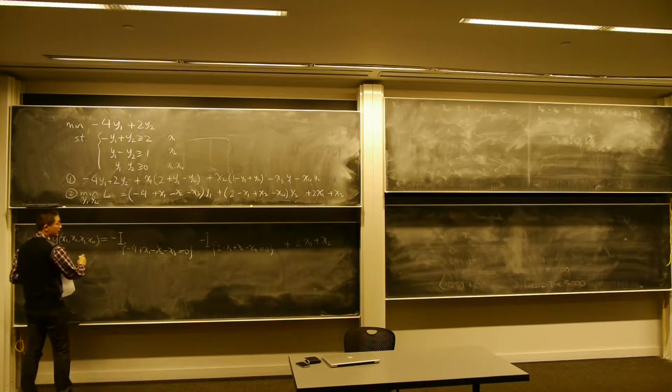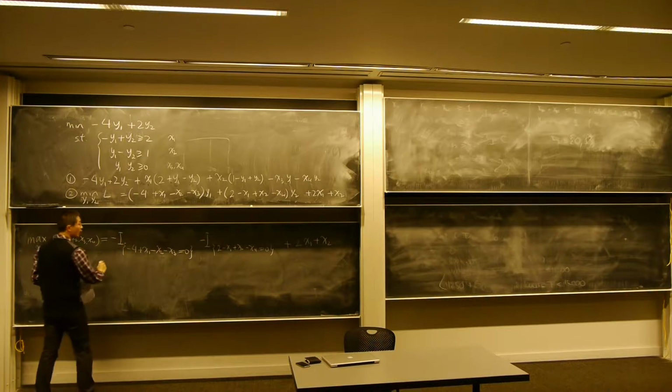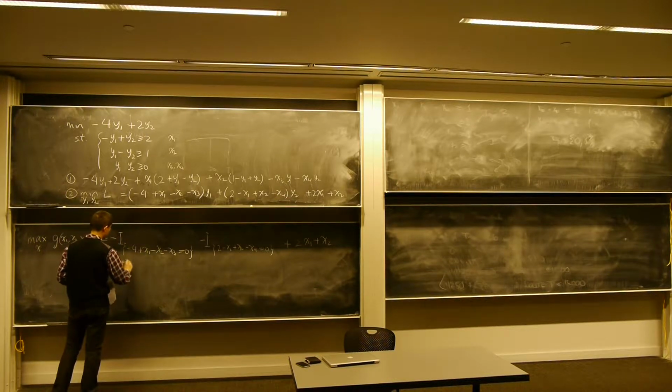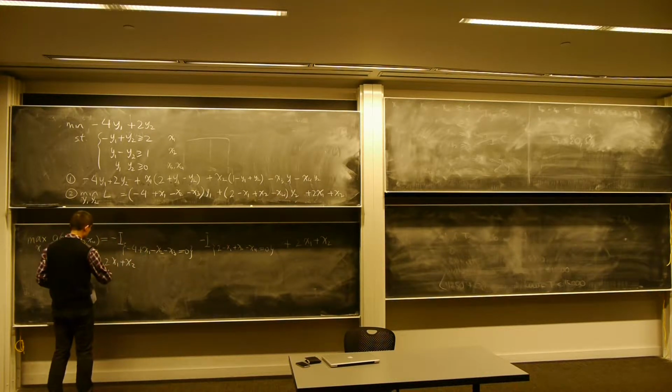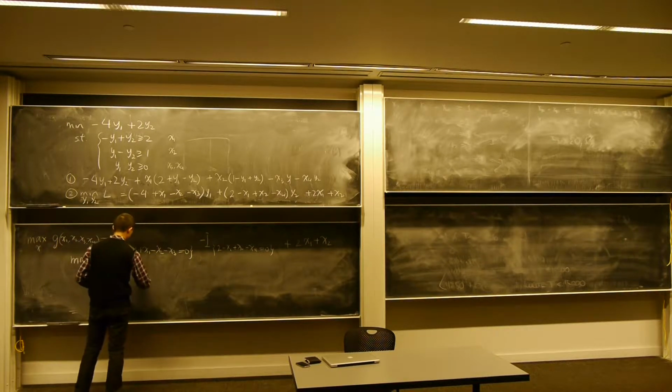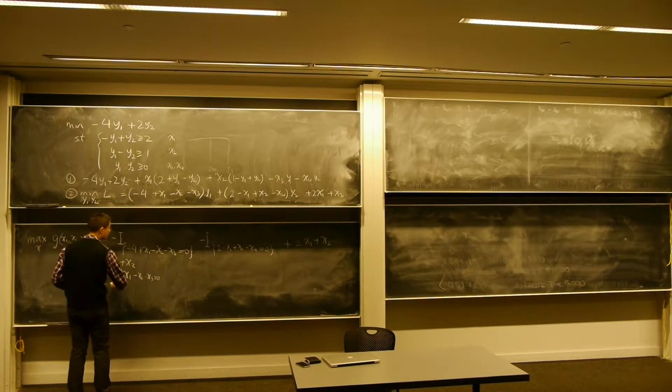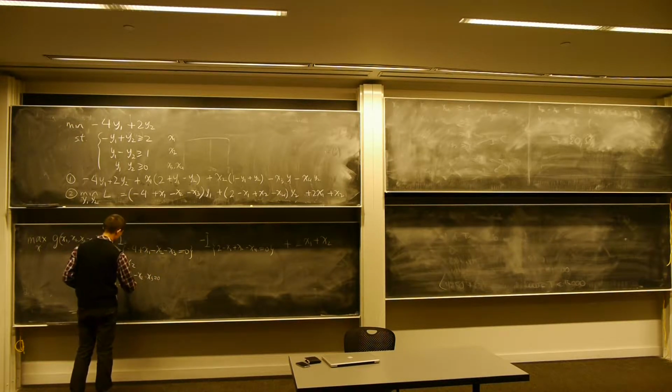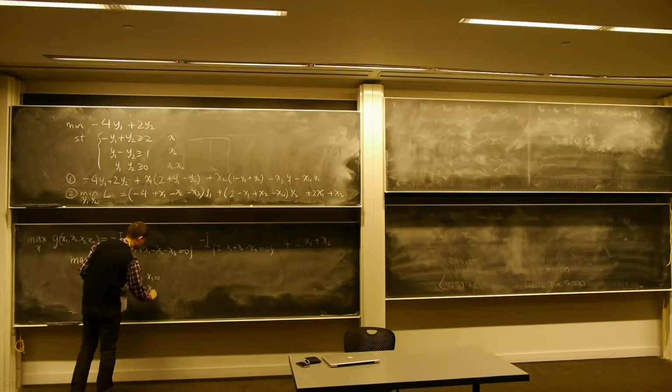So you can equally write the dual problem as max x, the objective, and the constraints are this is 0 and 2 minus x1 plus x2 minus x4 is 0.